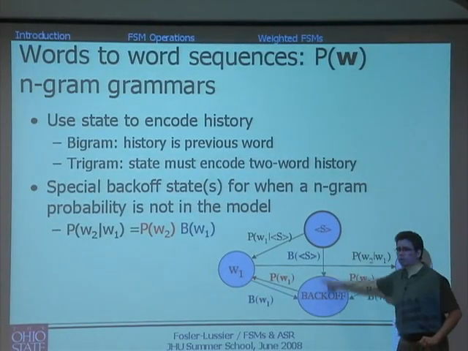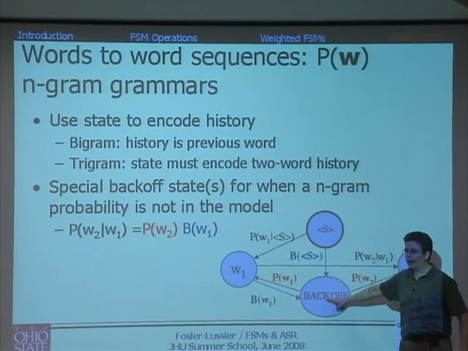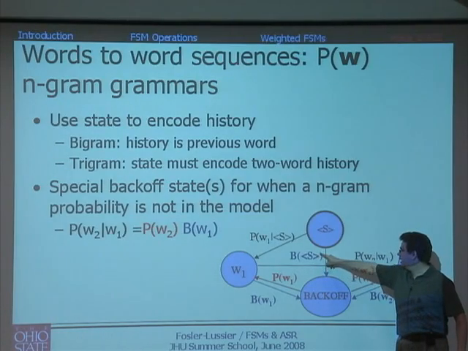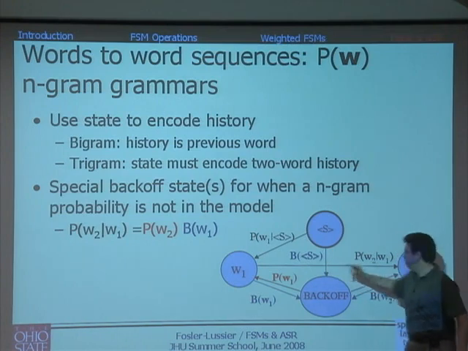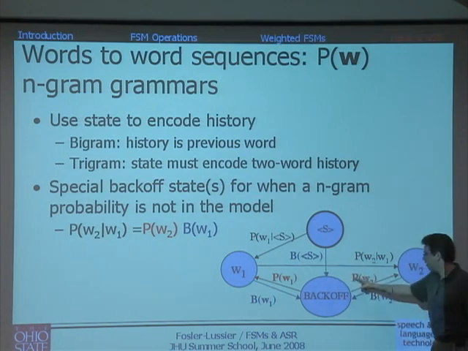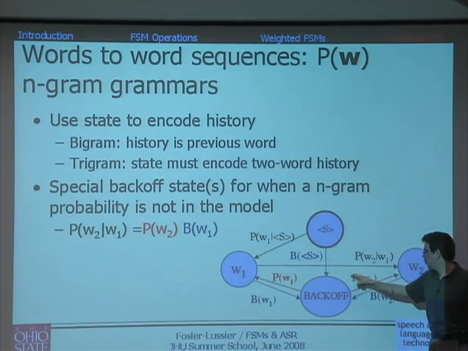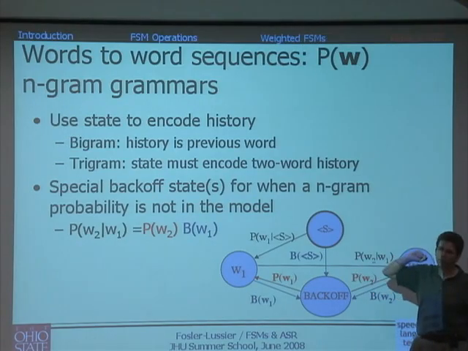Well, what we have is a node called backoff, and you can transition into that node by emitting an epsilon symbol and putting out the backoff weight, right? Then I can say, oh, and I saw word 2 coming out of the backoff node. So now word 2 goes with a weight of the probability of this, and that essentially would multiply those two things together, or in the log domain would add them together, okay?